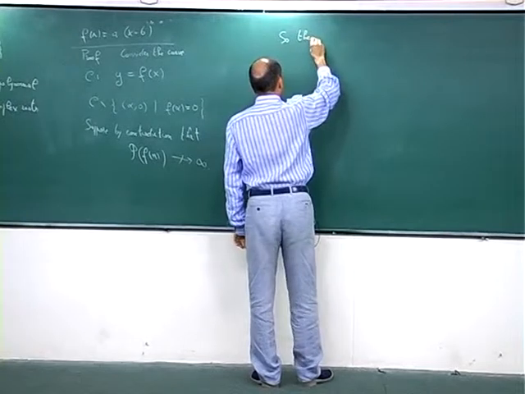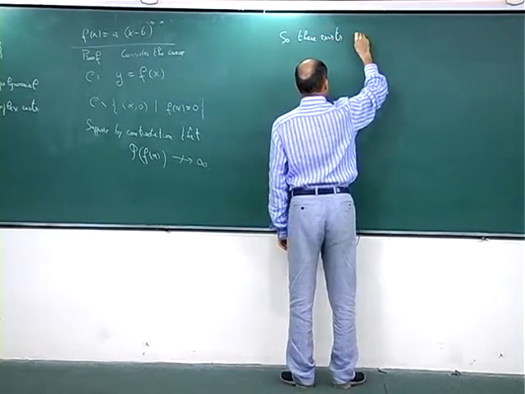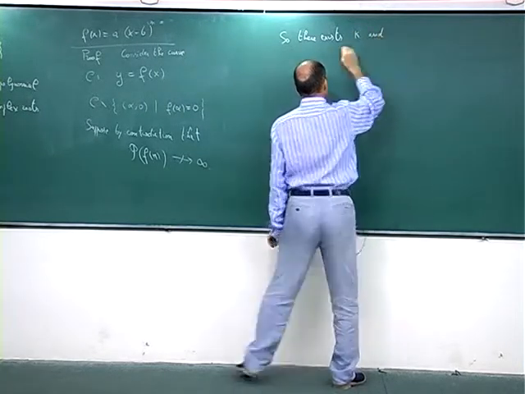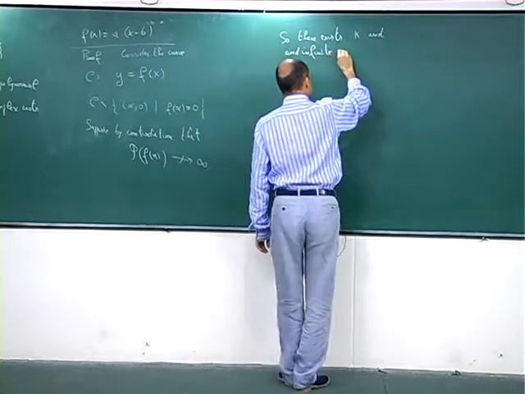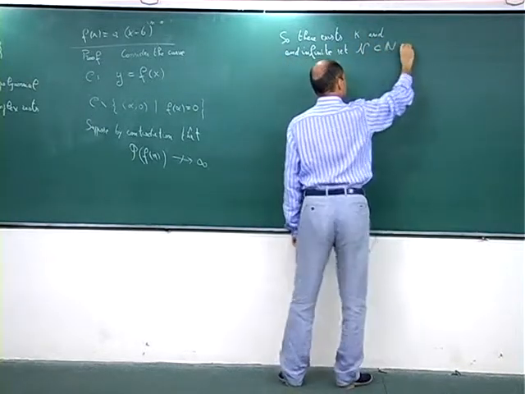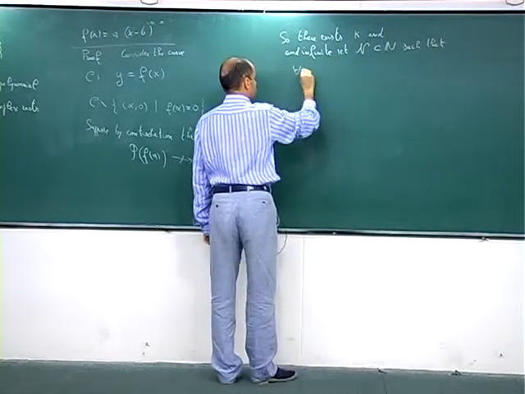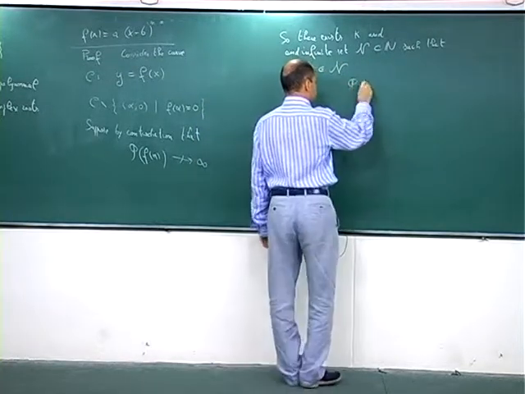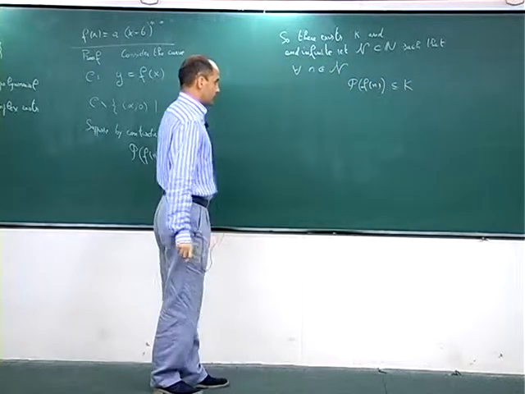So there exists K and an infinite set, called N containing n, such that for all natural numbers n in this set, P of f of n is less than K.